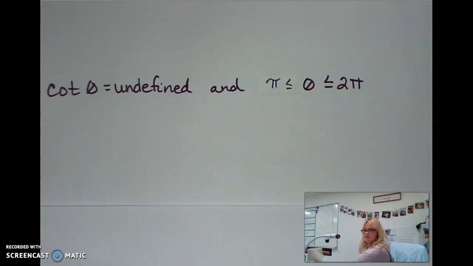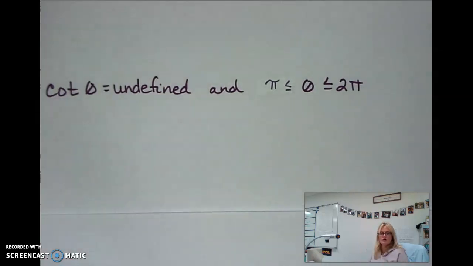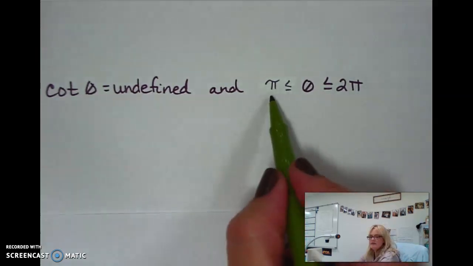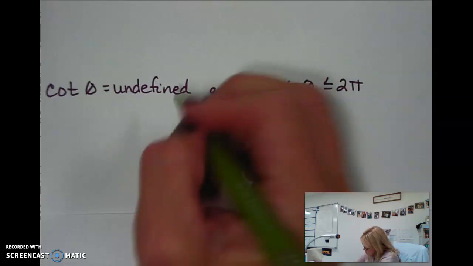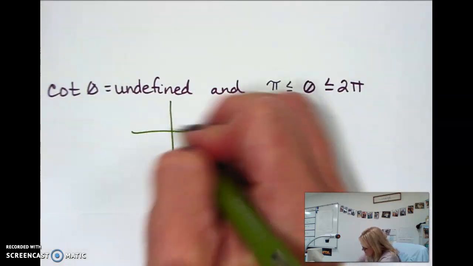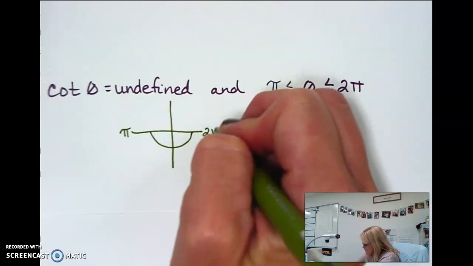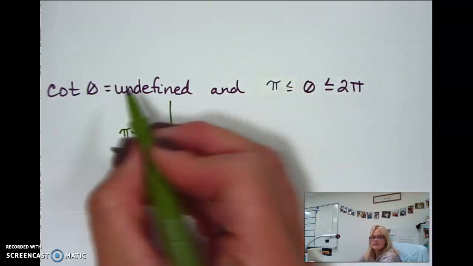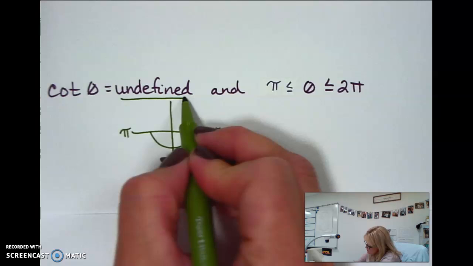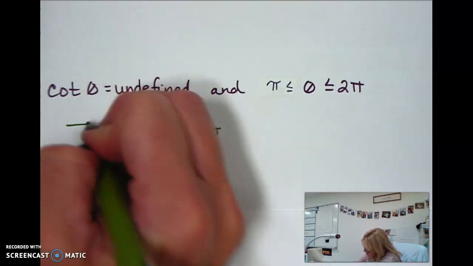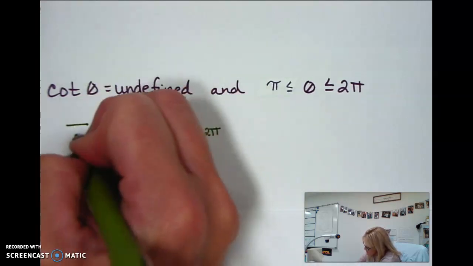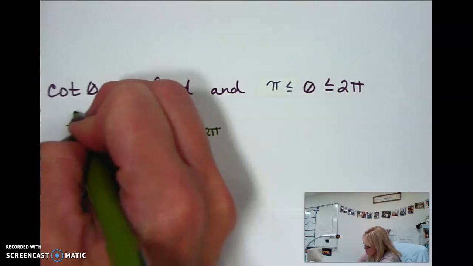So look at this one. It says cotangent is undefined and theta lies between pi and 2 pi. So if I know theta is somewhere between pi and 2 pi, cotangent is undefined, which means the only way on my unit circle that is undefined is if there's a number over 0.